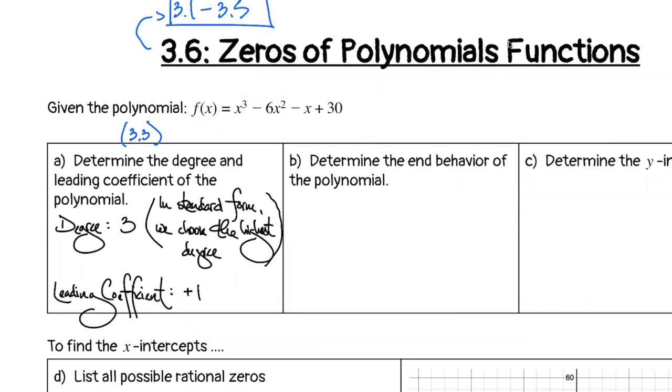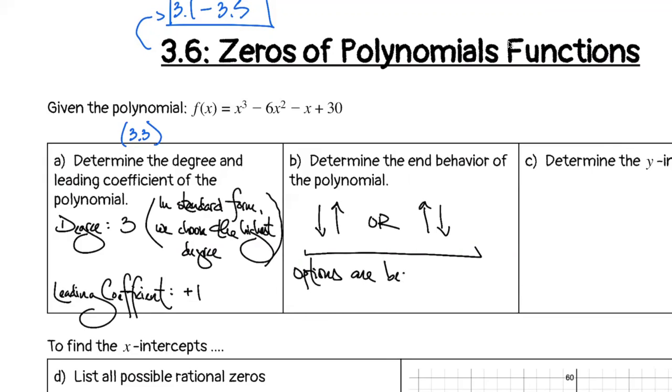Part B, determine the end behavior of the polynomial. Someone tell me which two options we have for end behavior. Okay, so we could have down, up, or up, down. Those are our two options. And maybe we make a note for ourselves that these options are because the degree is odd. Can someone remind me which section that comes from?